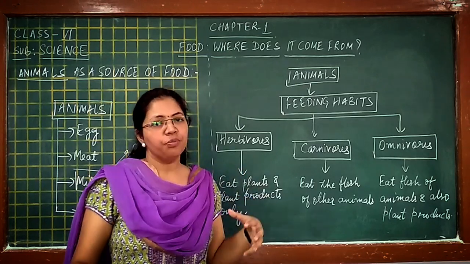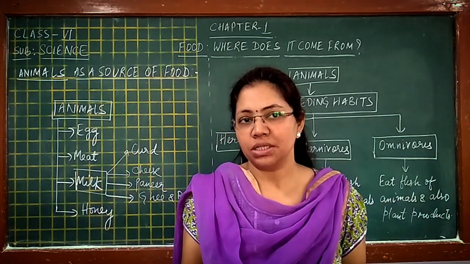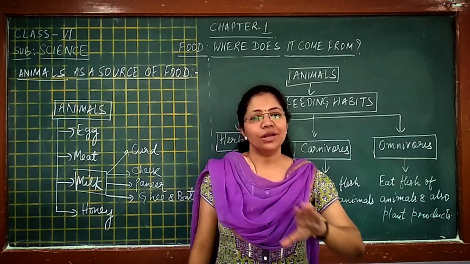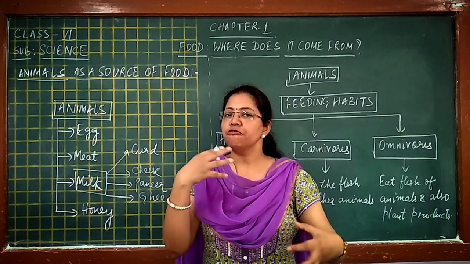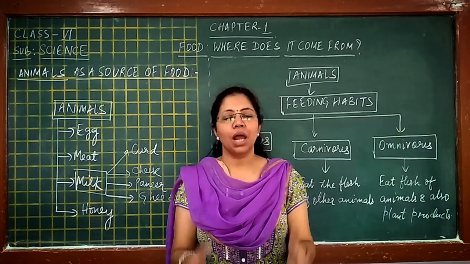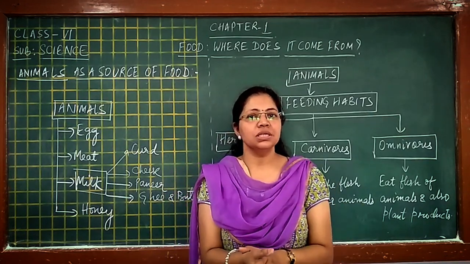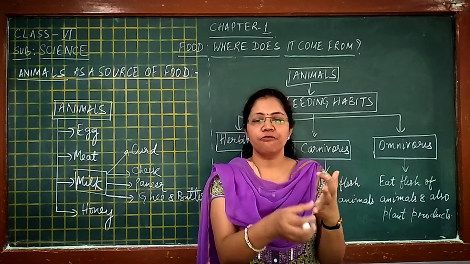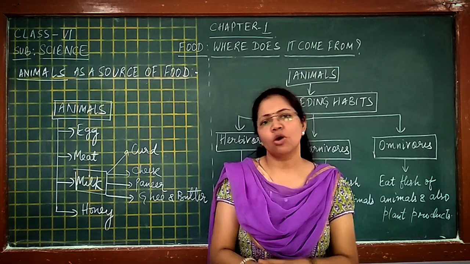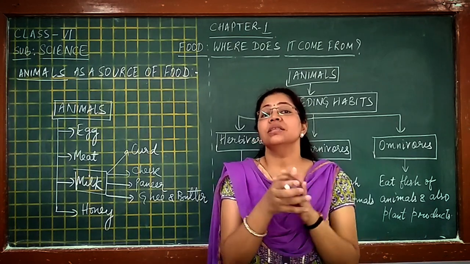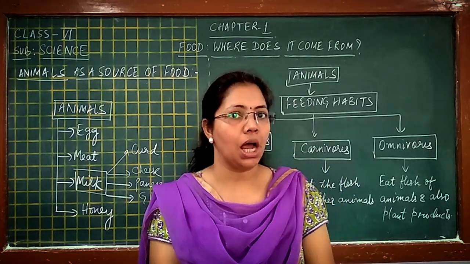Now students, herbivores are those animals which eat only plants or plant products. Means they feed only upon plants. For example, we have cow, buffalo, goat, deer. All these are examples of herbivores because they feed only upon plants.